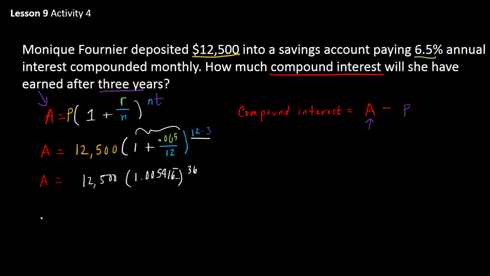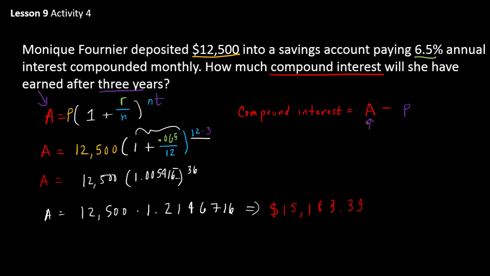So let's keep simplifying. So A equals 12,500 times, we simplify the exponent and we get 1.21466716. Keep going. A equals 15,183.39. So that's the A in my compound interest. So I'm going to subtract that from what I originally started with. And I originally started with $12,500.